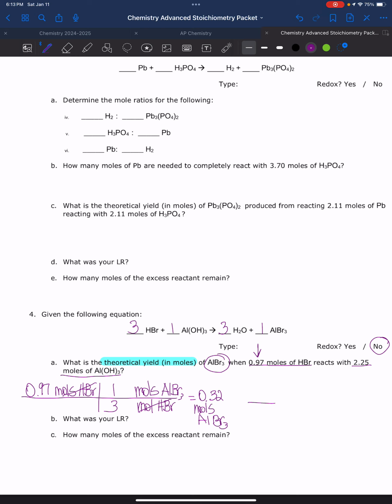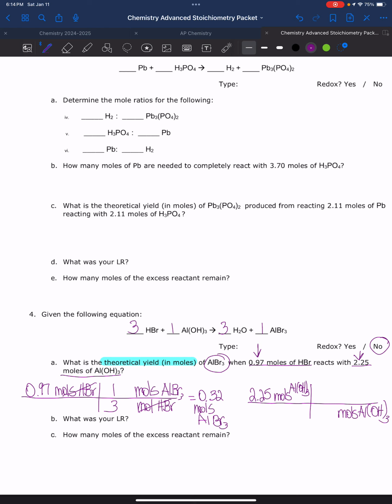Now I have to do it again, and I have to start with the second given. So 2.25 moles of aluminum hydroxide. My moles of aluminum hydroxide have to come diagonally down. That pattern never stops.